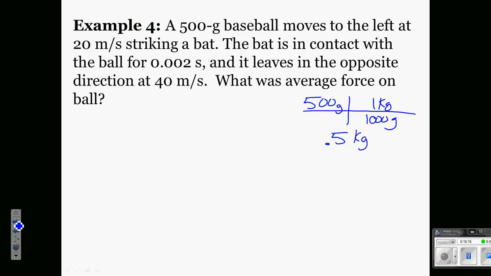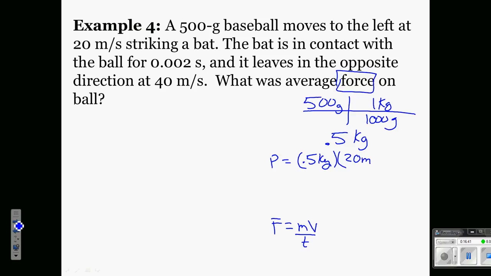So in order to get to our force, remember, we've got to find our momentum. So we have our mass, which is 0.5 times what is 20 meters per second.